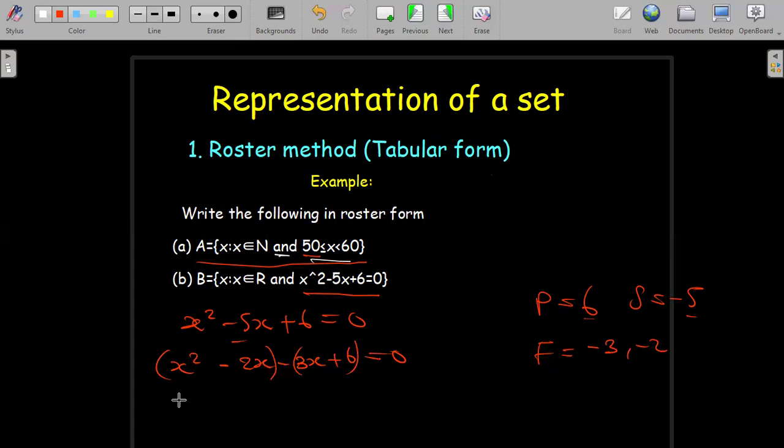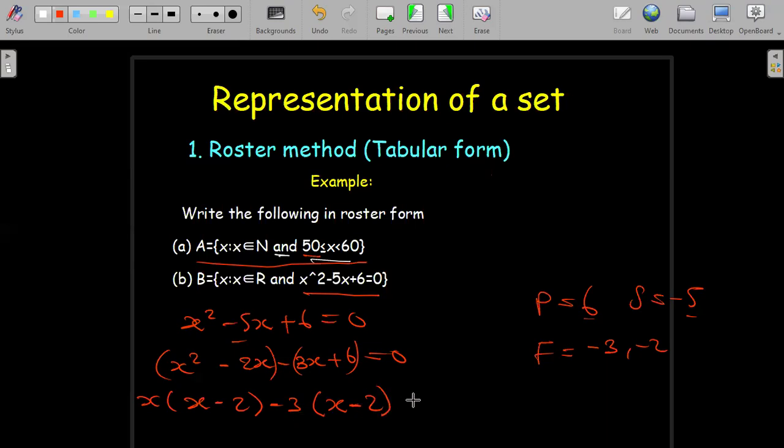Okay, so here I can factor out an x. It's common in both of them. I have x, then I have x minus 2. There, I can then factor out a negative 3, such that here I'll remain with x, and when I divide that there, I will remain with negative 2.